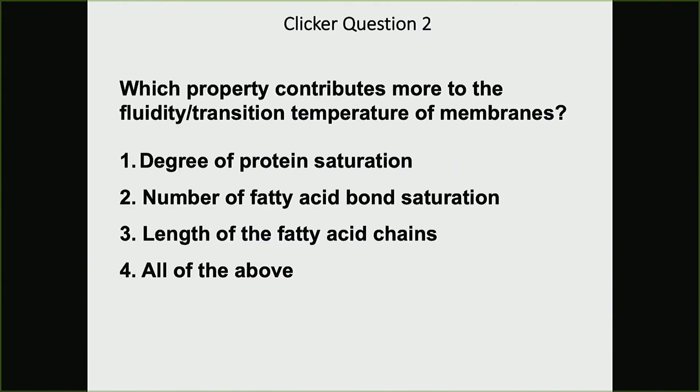Clicker question 2. Which property contributes more to the membrane's fluidity? Transition temperature of membranes, degree of protein saturation, number of fatty acid bond saturation, length of the fatty acid chains, or all of the above.